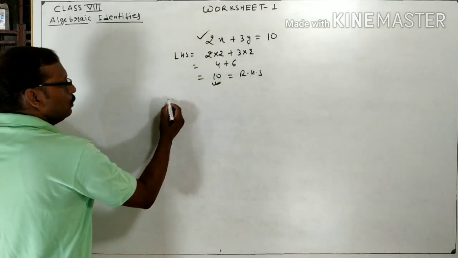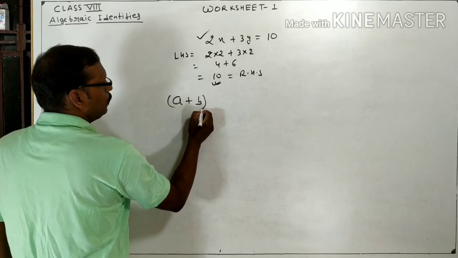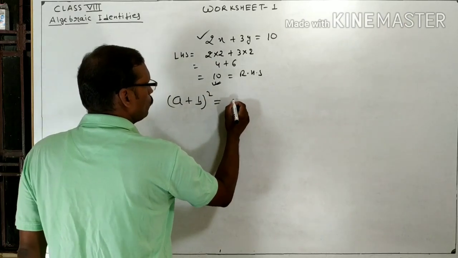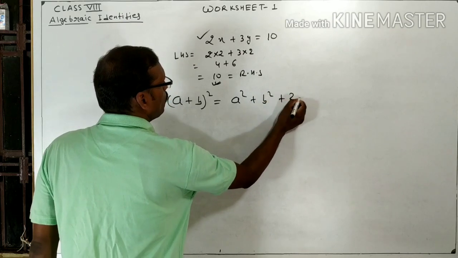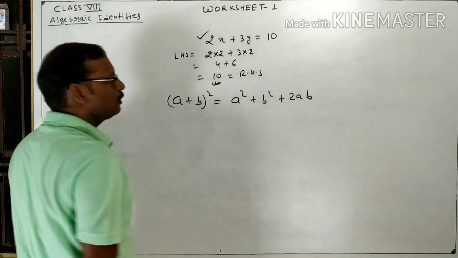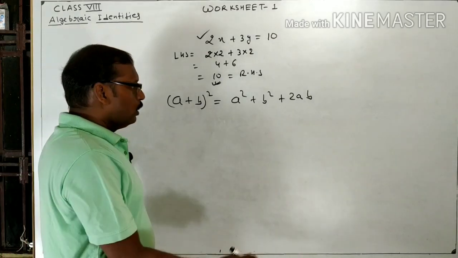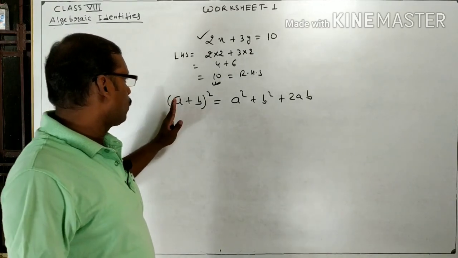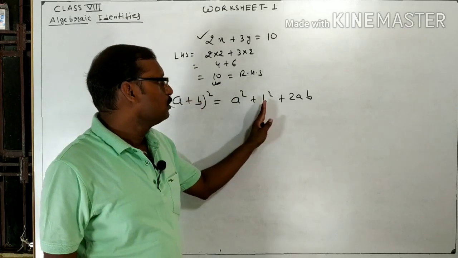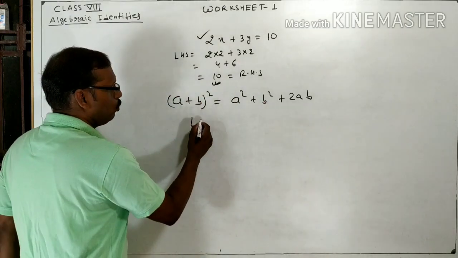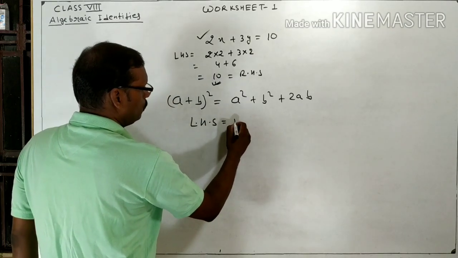But if we see that (a plus b) whole square equal to a square plus b square plus 2ab, this is an algebraic identity, because if we put any value for a and b in LHS and RHS, we get LHS equal to RHS in all conditions.